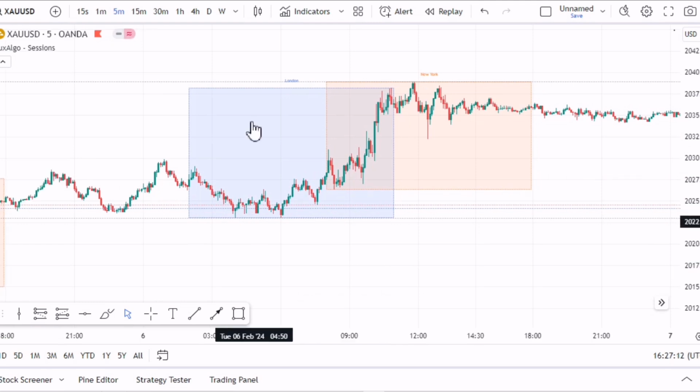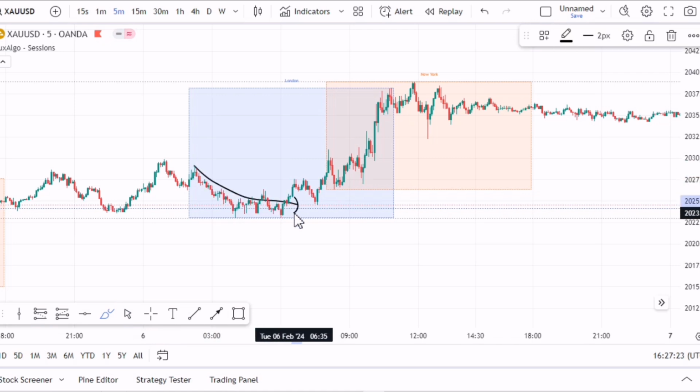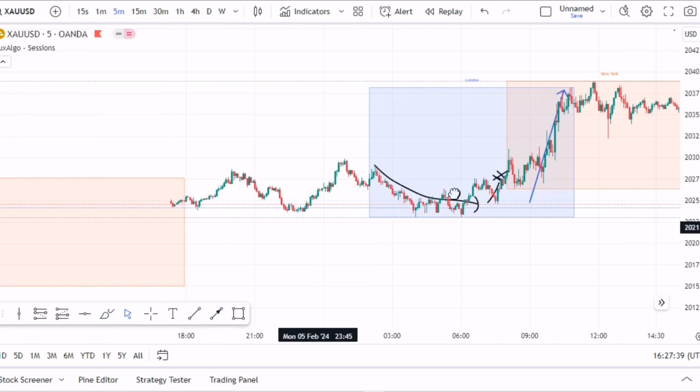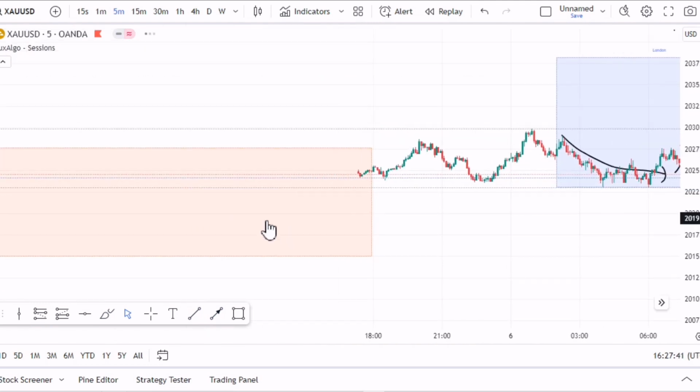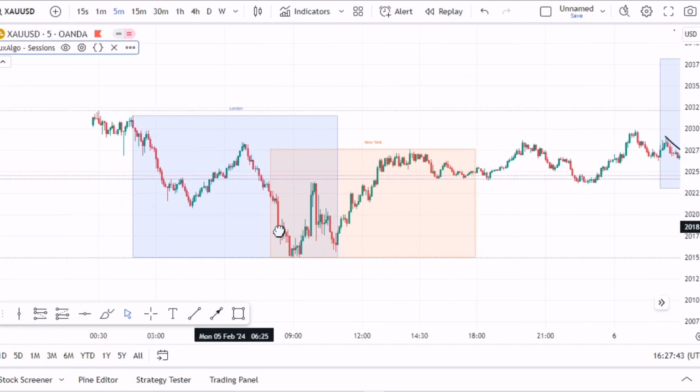Now we come right here. If we look at the London session alone, you will notice that price for the most part was selling. It was only towards the New York session that it started picking up. So for you, you buy right here, and then that spike will just respect you. I want you to take time and observe these things.